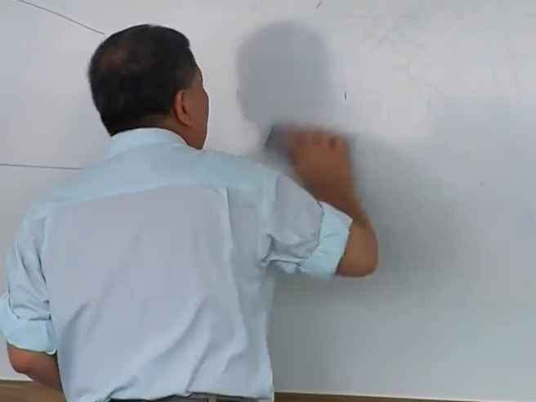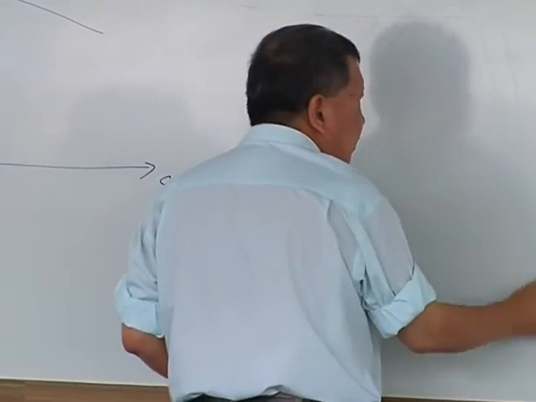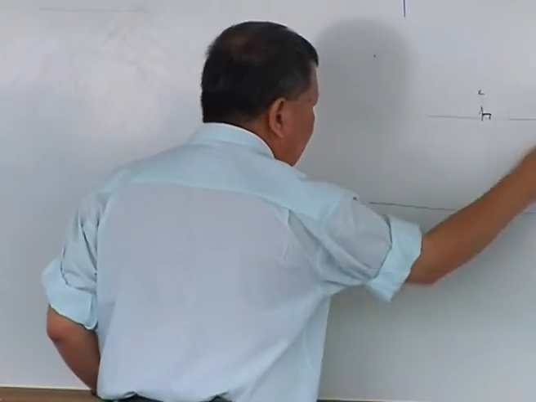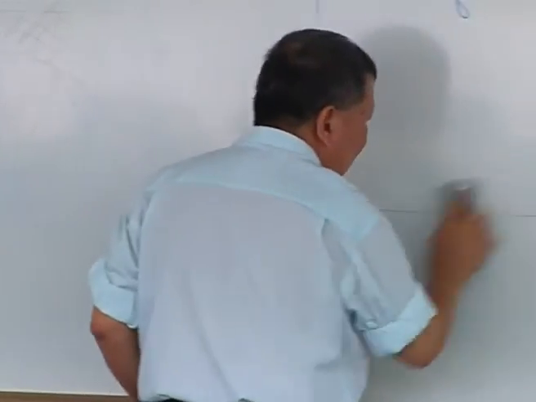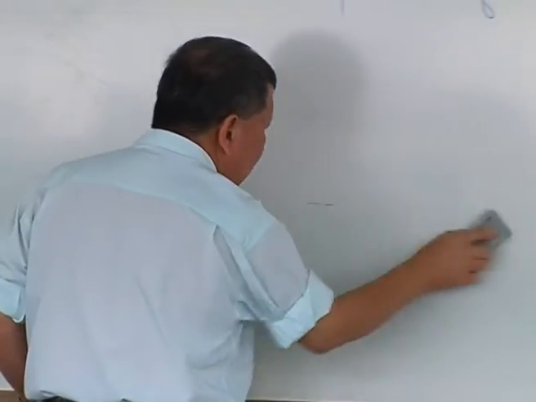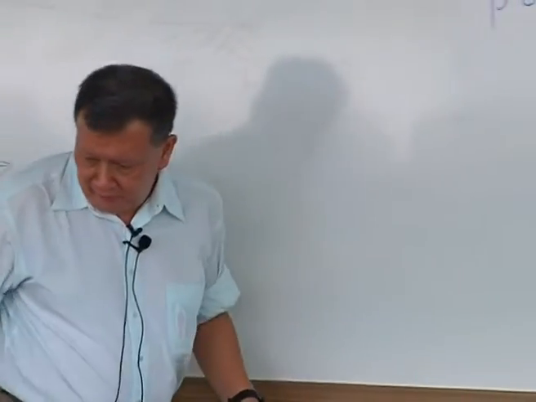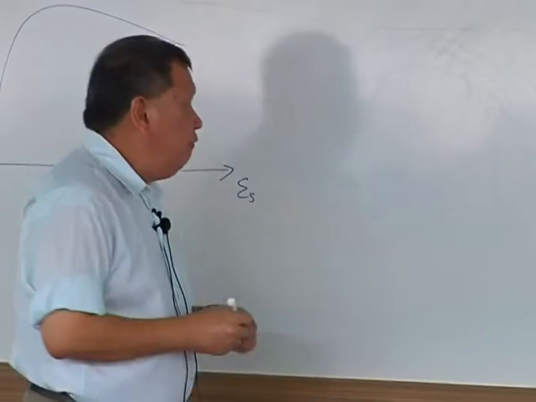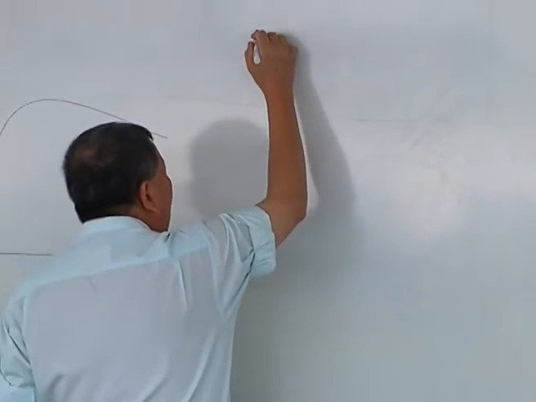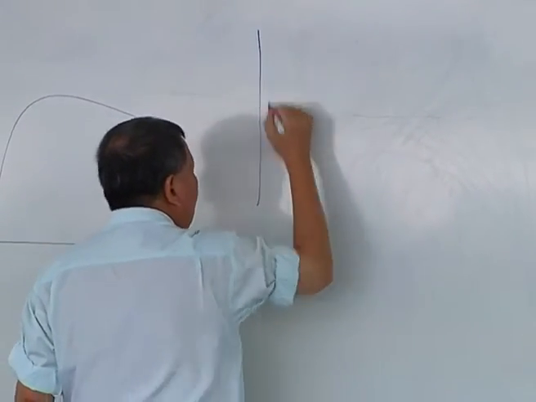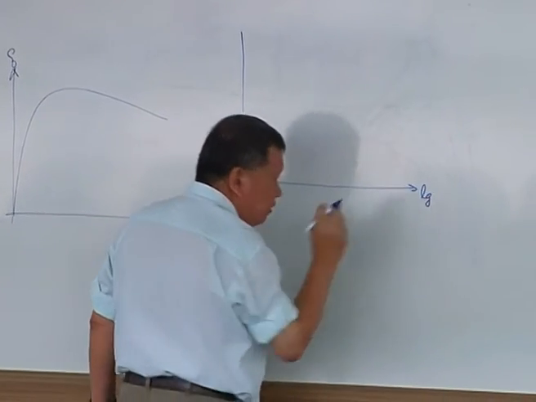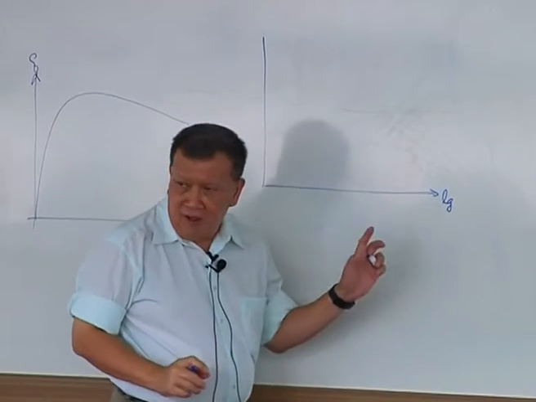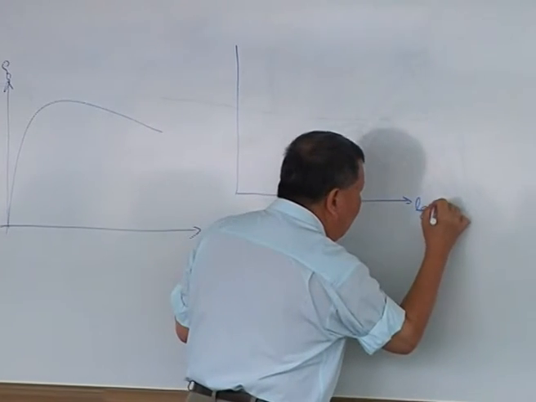When you do one-dimensional consolidation, I hope I haven't messed up the board, you would plot the log, a common log, of the overburden pressure.